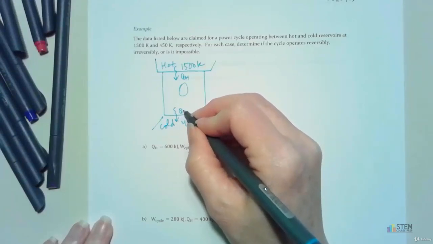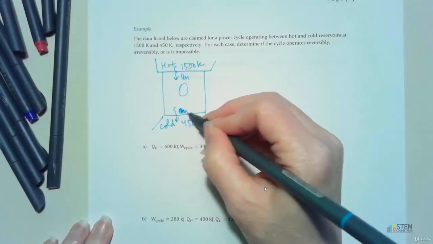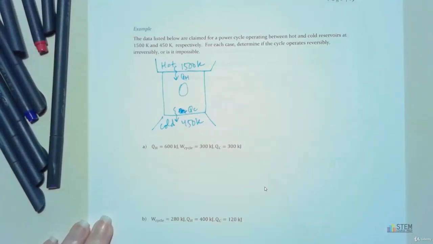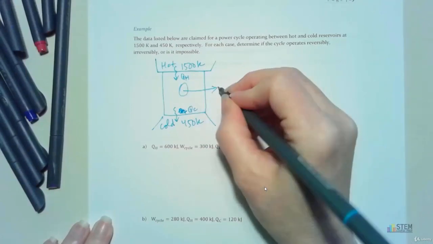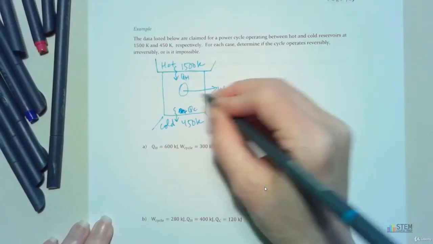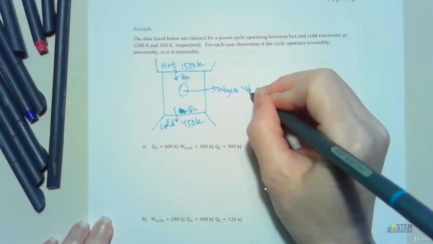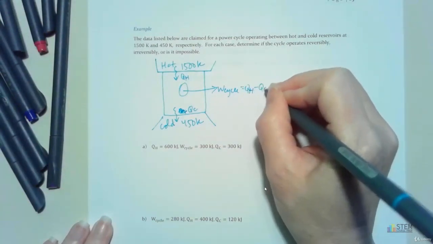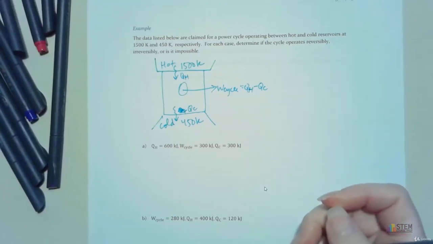So we've got that energy transfer there. So that's going to be QC right there. This is a power cycle, so we do expect work to be going out. And remember, for a power cycle, we have QH minus QC for the work of the cycle. That's our scenario, so keep that in mind as we work through all of these problems.